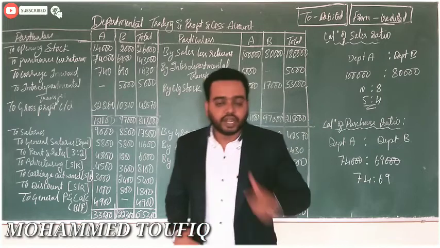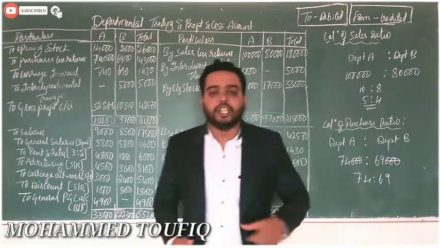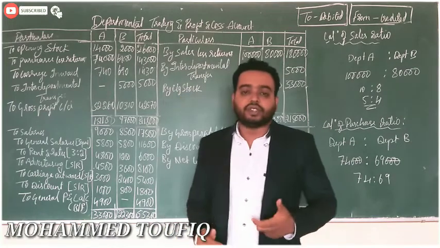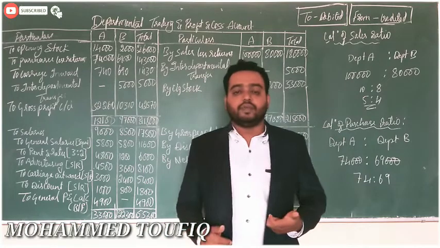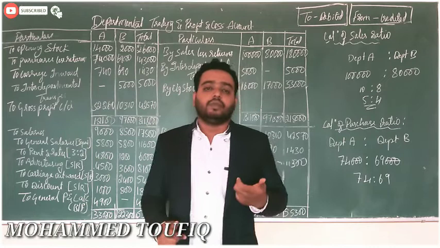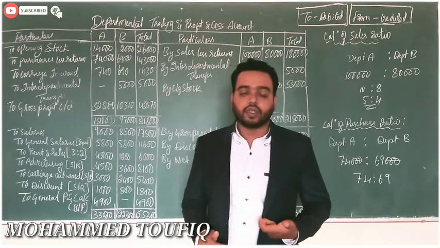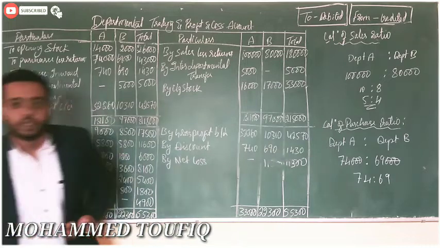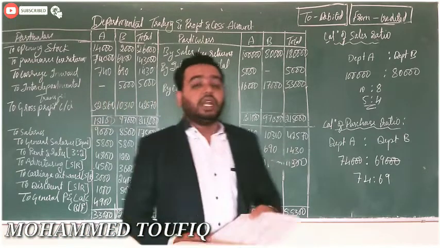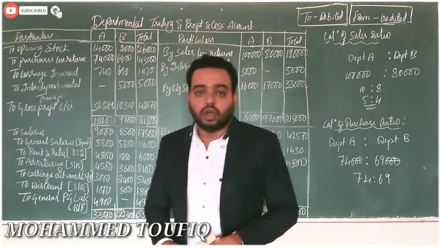On the screen, a question will be displayed. With the help of that question, we will do the practical problem. So just see the screen where you find a question. I will read the question slowly.